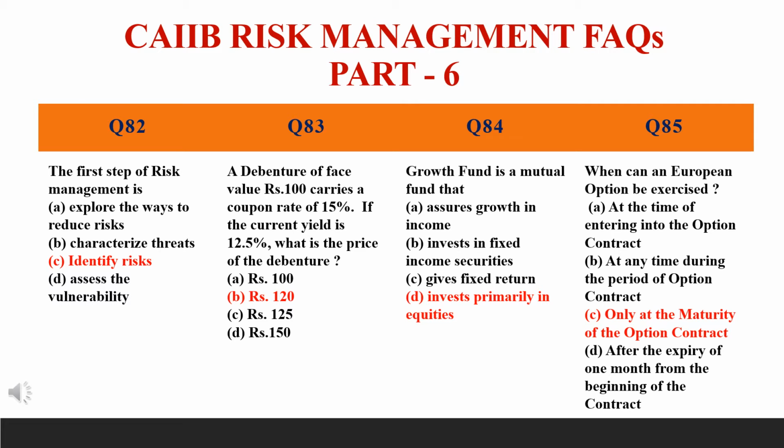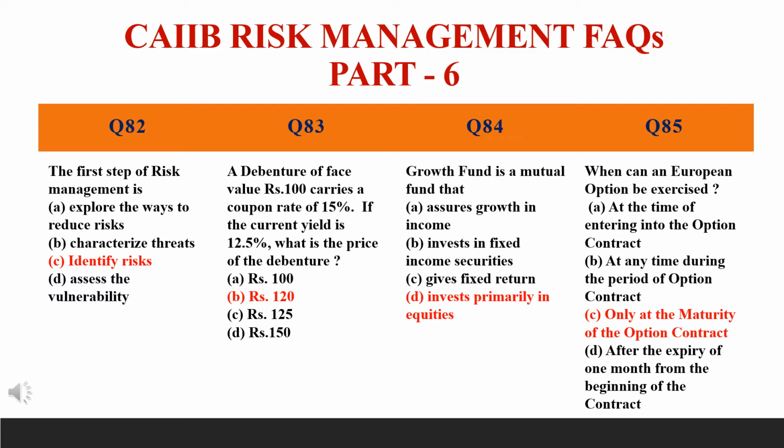So the answer will be 120. We will upload practical examples of risk management. For the risk management paper, solved practical questions from the exam point of view will be uploaded on YouTube.